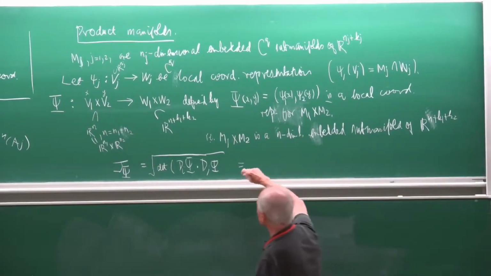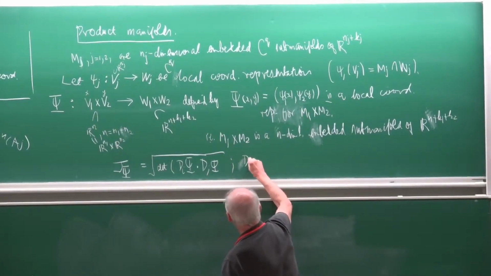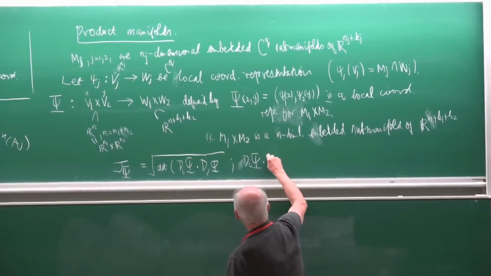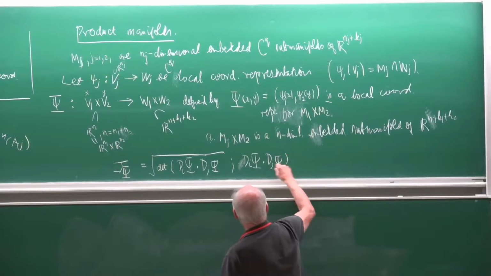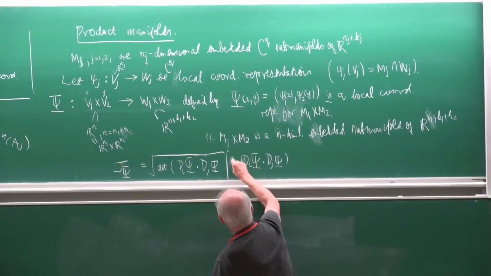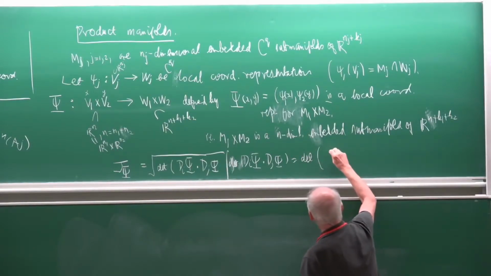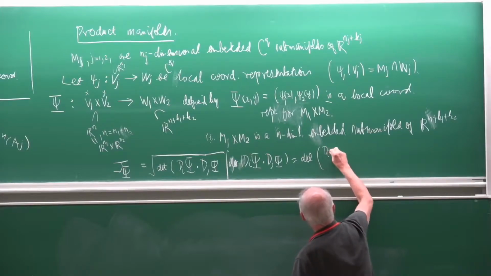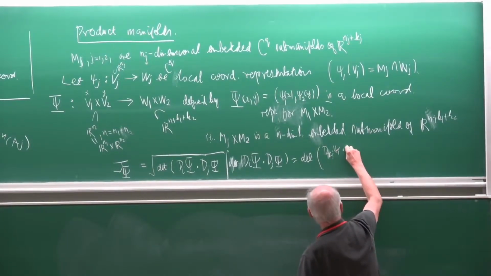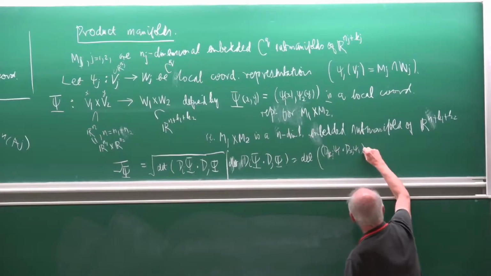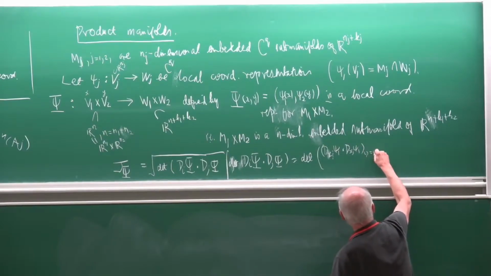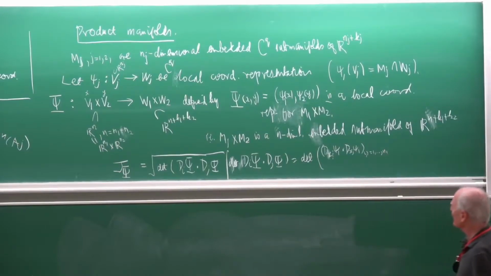So in fact, the determinant of this matrix d_i C dotted with d_j C is simply the determinant of the matrix with d_xi c1 dotted with d_xj c1, where ij goes from 1 to n1, so that's an n1 by n1 matrix.